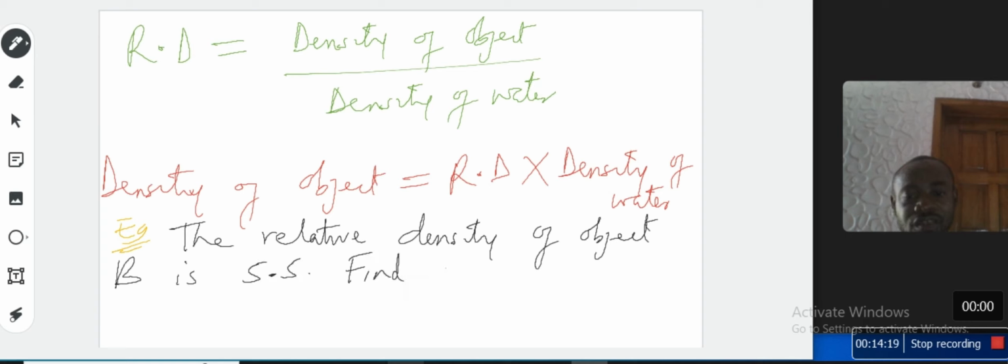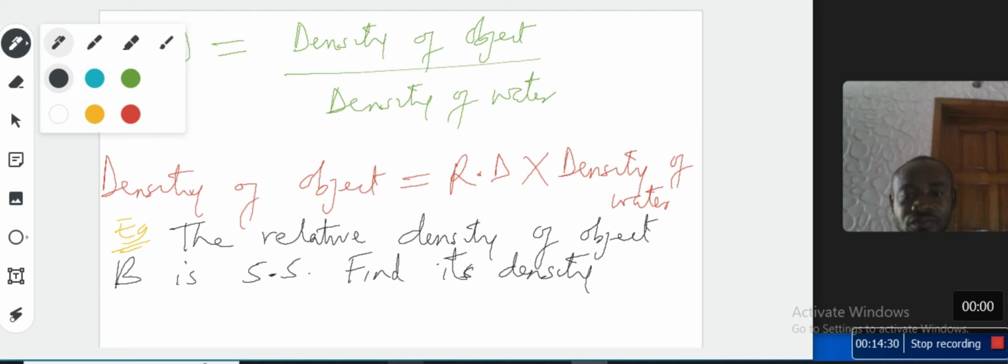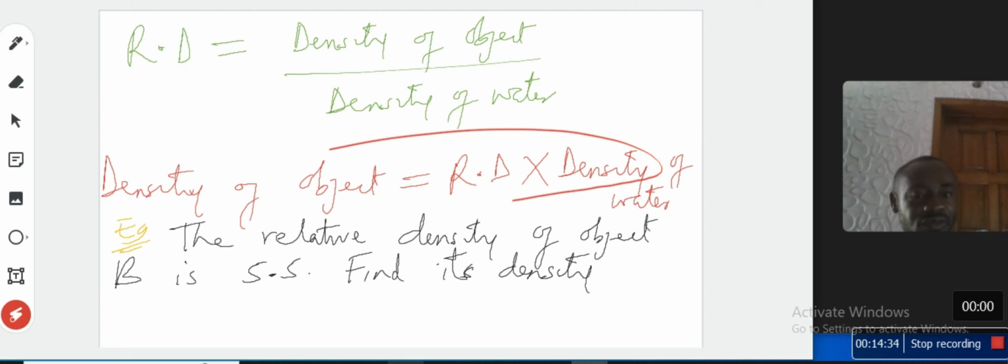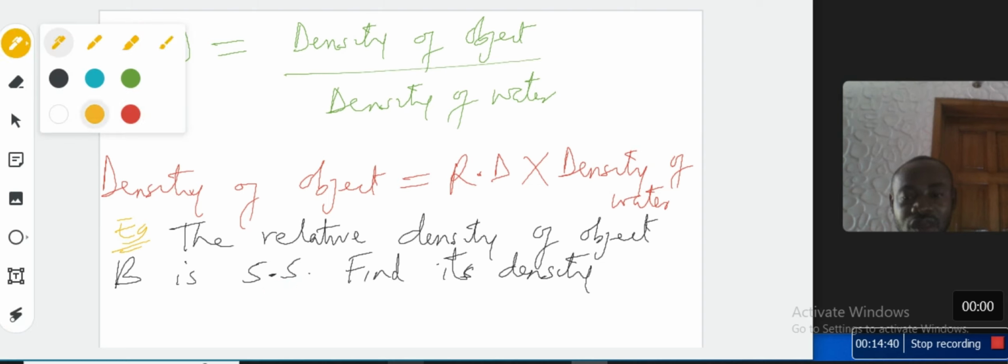Find its density. Let's go, everybody, quickly. The relative density of object B is 5.5. Find its density. What do we do? What's the formula? RD is given, 5.5.